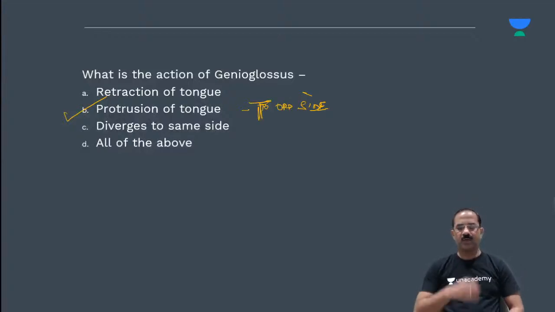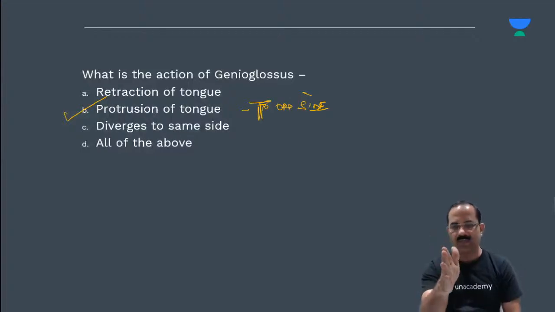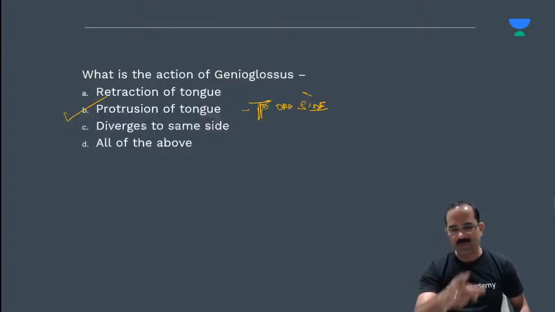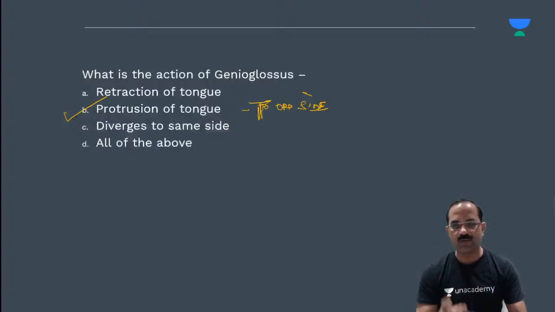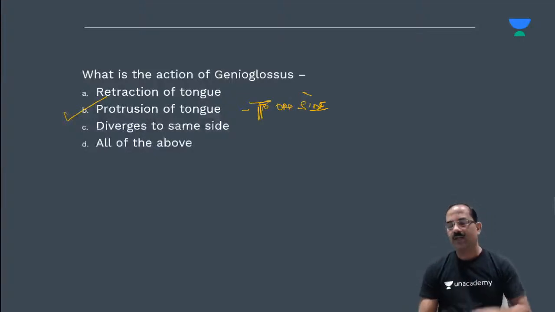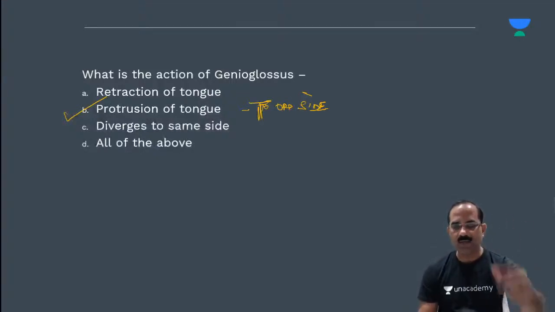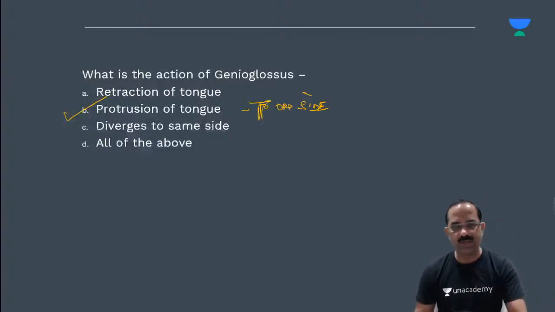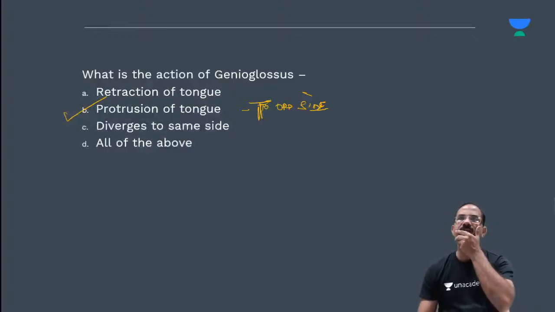The main action of genioglossus is protruding the tongue to the opposite side. Genioglossus is also known as the safety muscle of the tongue.